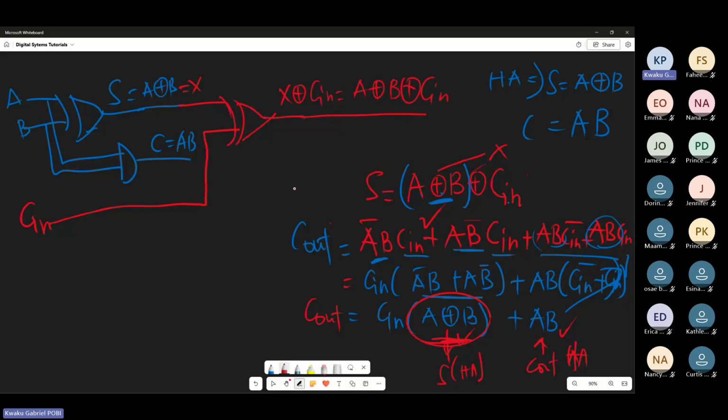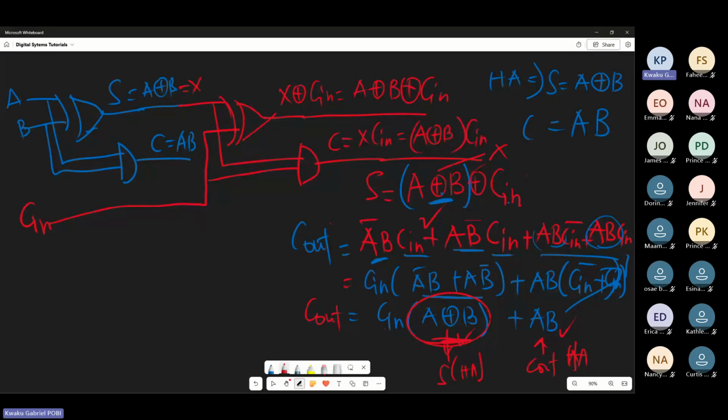And then when I tap from here, which is the X, and then the C in, I'll get the carry out of this half adder, which is X C in. And then you ask yourself, what is X? X is A XOR B. So the carry is A XOR B, AND C in.